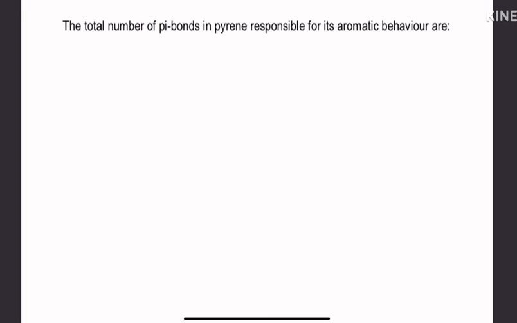Total number of pi bonds. Okay. The last question is the total number of pi bonds in pyrene responsible for its aromatic behavior.